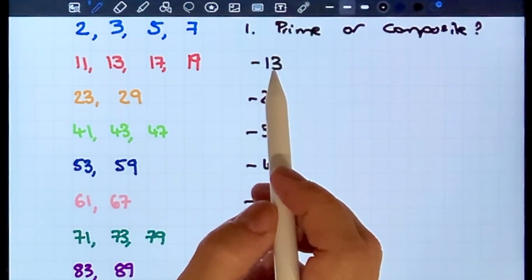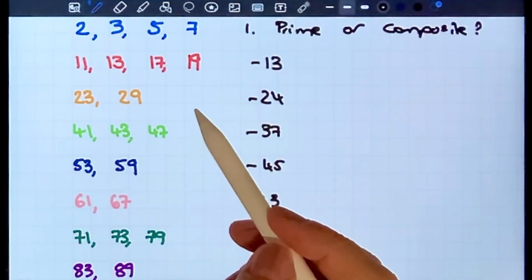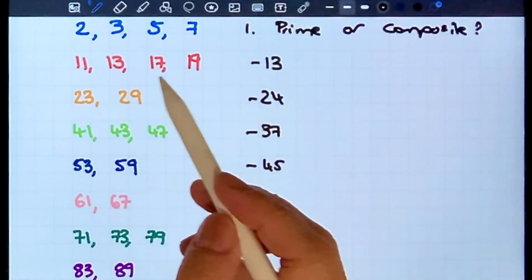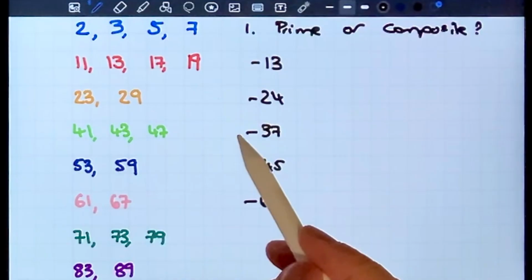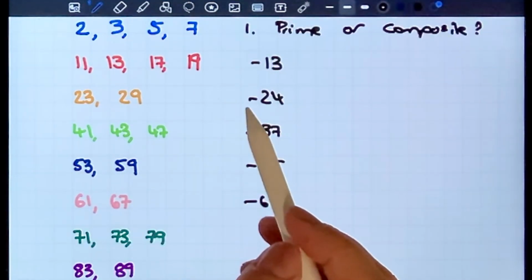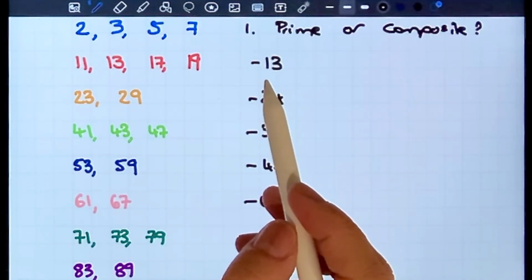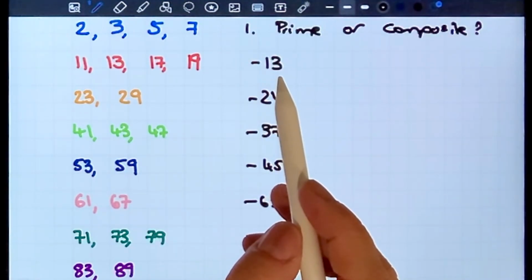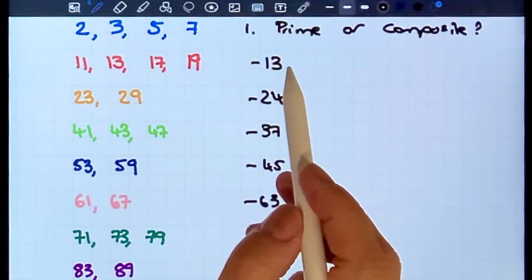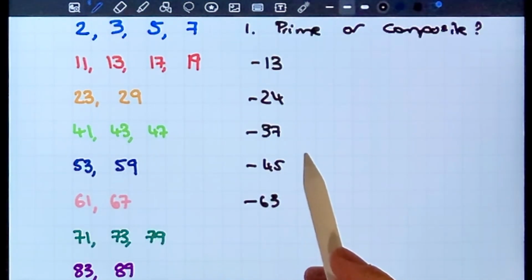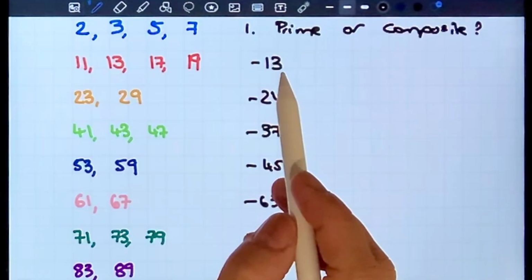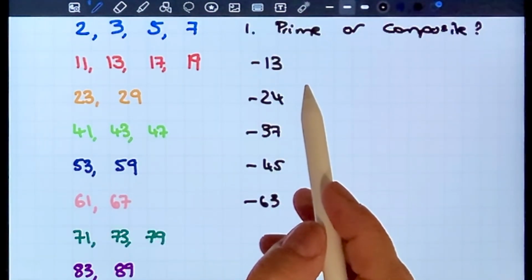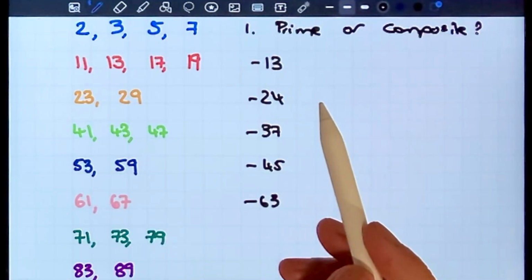So obviously, if you have this list in front of you, it's fairly easy to check if they are prime or composite. But if you don't have the list in front of you and you're not 100% sure, then you'll need to just think about what are the factors of these numbers. And if you find that any of them have more than 2 factors, then you know that they're composite.